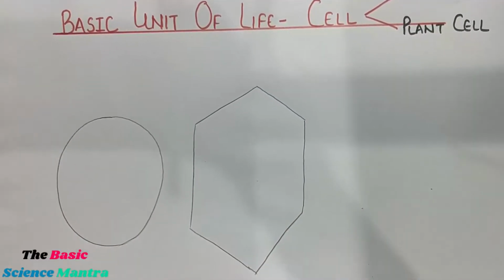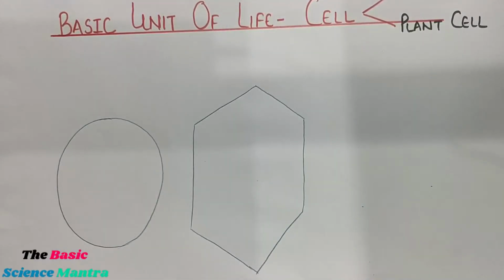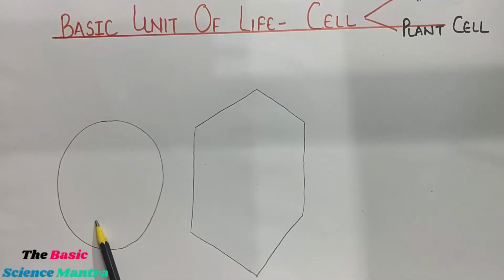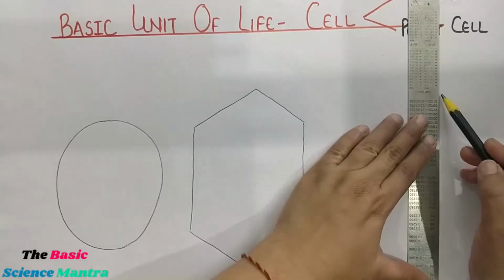From the diagrams, you can see that animal cells are smaller and plant cells are larger in size. Now, this is the first difference. Animal cells are smaller and plant cells are larger in size. So, let's write the differences between them.